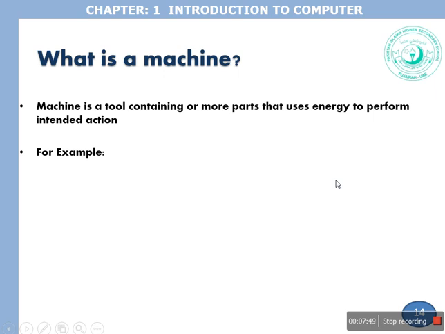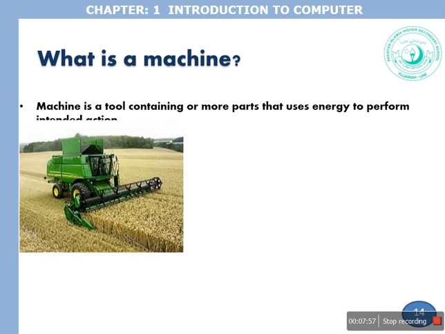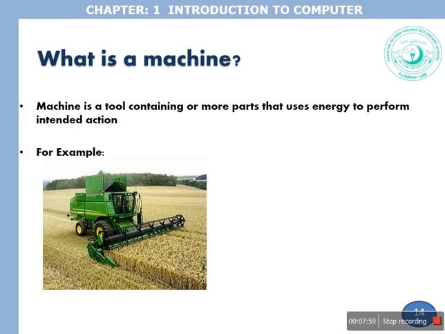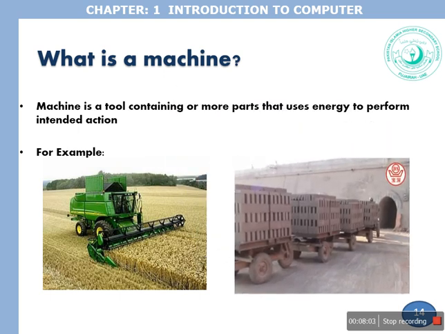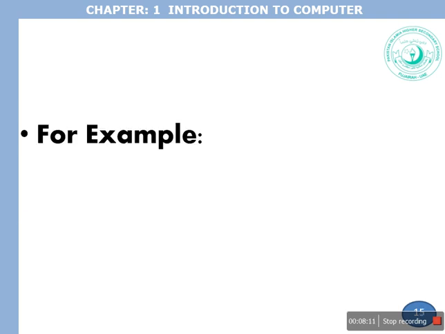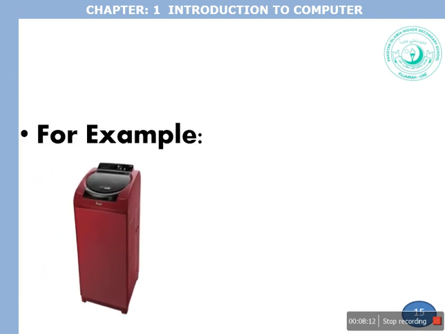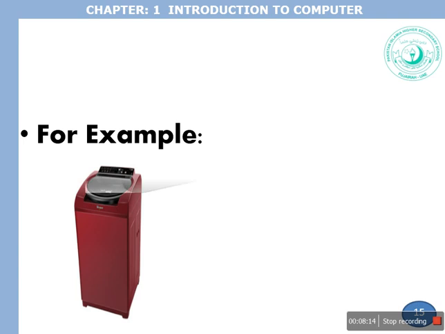So a machine is actually a tool containing some parts that uses energy to perform an intended action. We can see many machines in daily life, like harvesting machines, machines for buildings. Yes, at home we see washing machines.